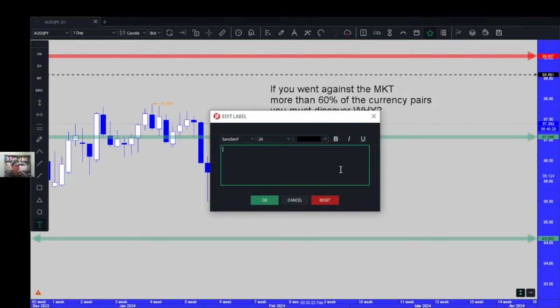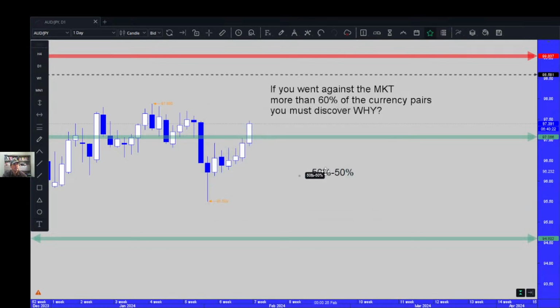Everybody, if I get 50% of the currency pairs right, what does this mean in terms of pips and money? YouTubers too, YouTube students, type in the chat.